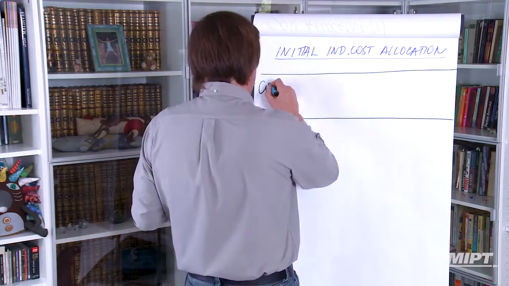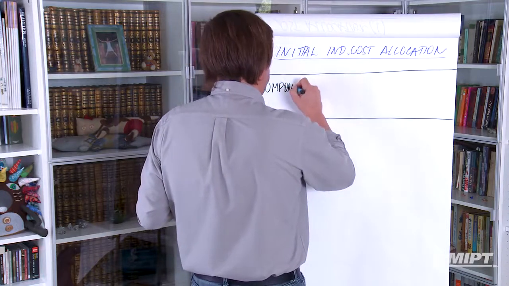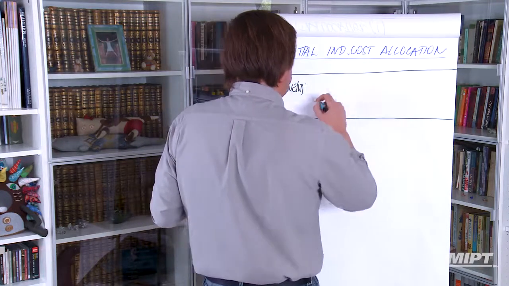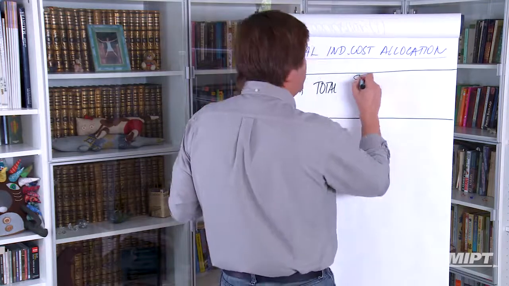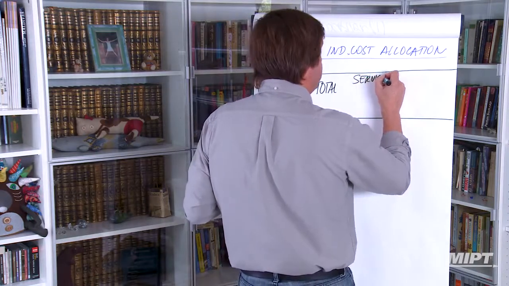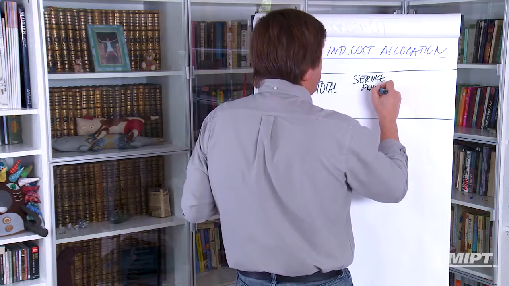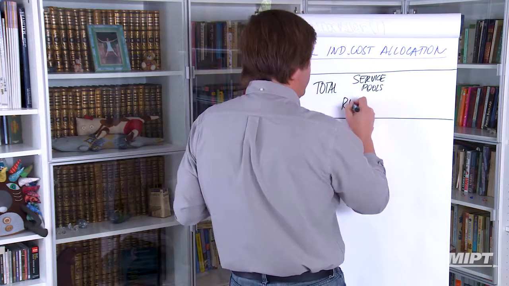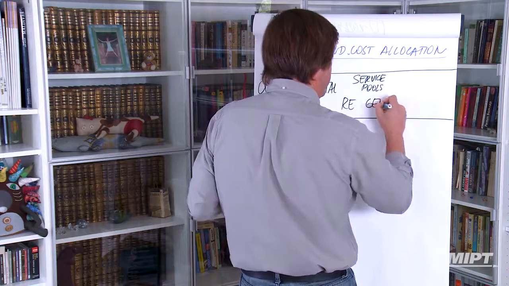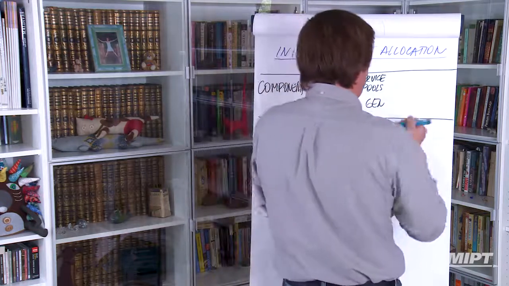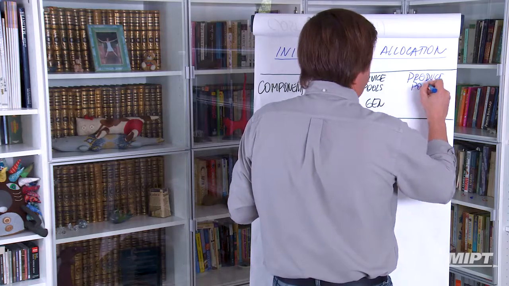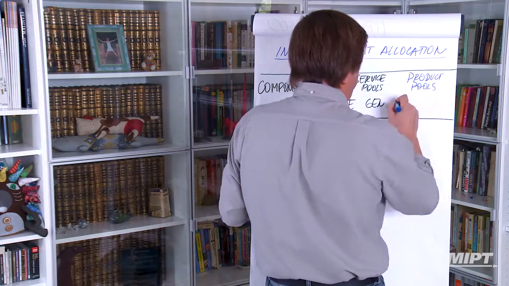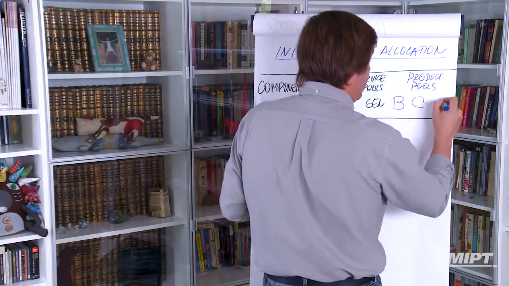So, first of all, these are components. So this is total. And here are all these pools: service pools, and there are 2, real estate and then general, and product pools. And these are 3, so badges, clips, and assembly.